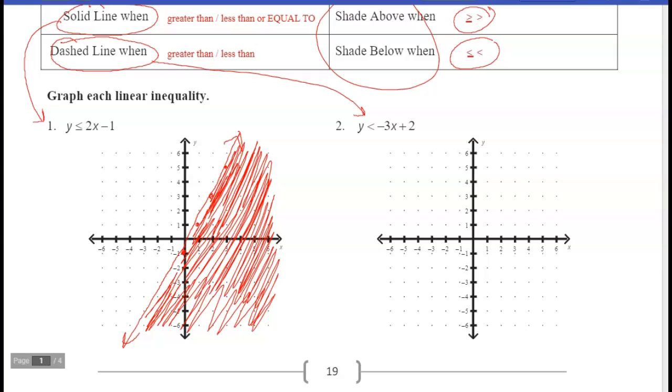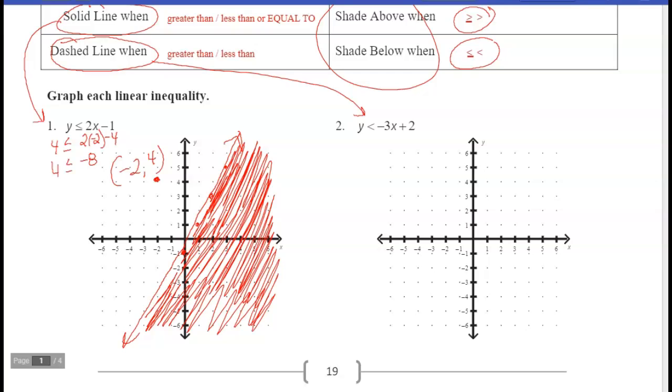The other thing we can do is a guess and a check. If I picked a point that's very obviously over here, like negative 2, 4, and I plug this in, I would have 2 times negative 2 minus 1, and then my 4 would have to be less than or equal to it. 2 times negative 2 is negative 4, minus 1 is negative 5.